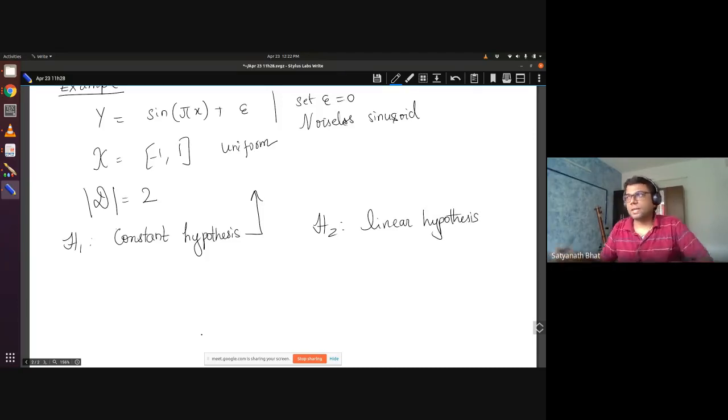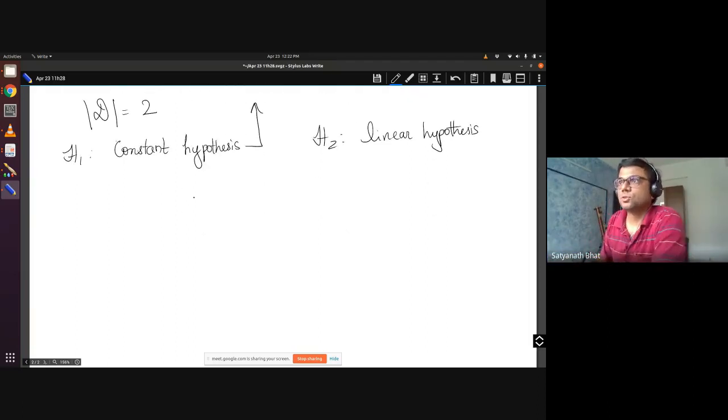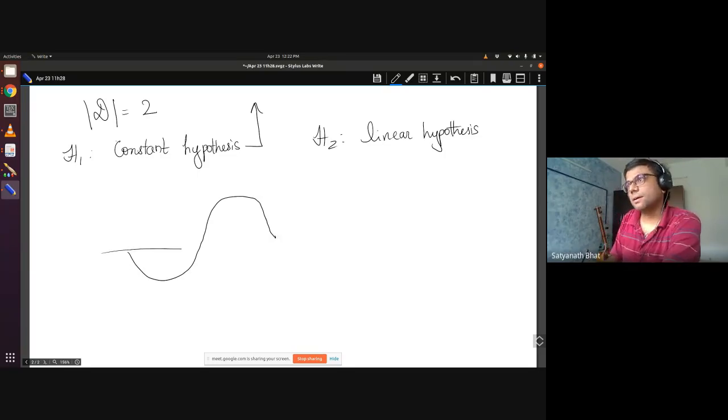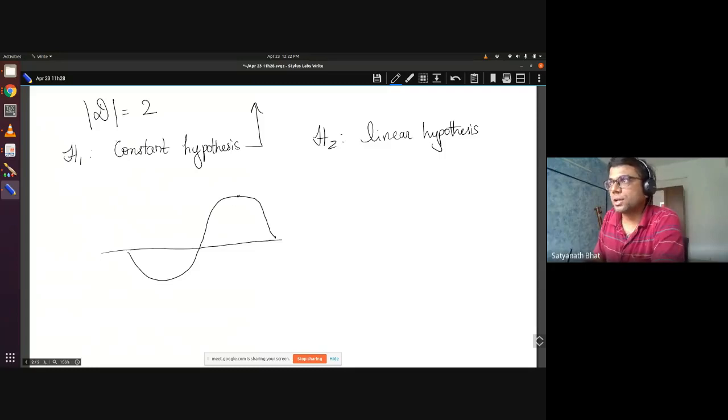Let me just give an example. So let's draw this. This is my sinusoid. I'm giving you 2 points, so let us say these are the 2 points I will pick. Now, what is the best constant hypothesis that fits these 2 points? That is going to be the line that goes between them. So this is for the constant hypothesis.